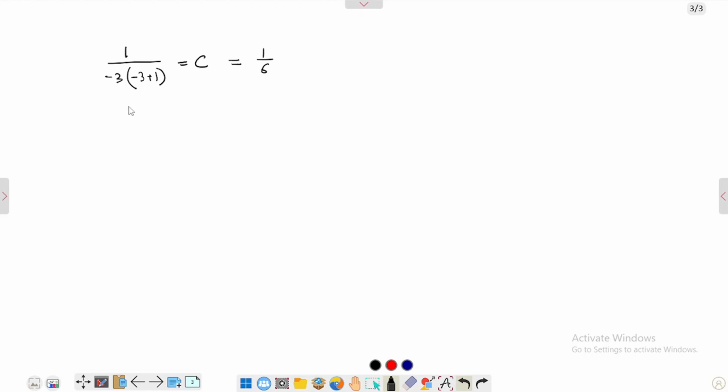So my value of 1 divided by s times (s plus 1) times (s plus 3) becomes like this. The first term was 1 by 3 into 1 by s. The next term was minus half into 1 by s plus 1, and the third term was plus 1 by 6 into 1 divided by s plus 3.